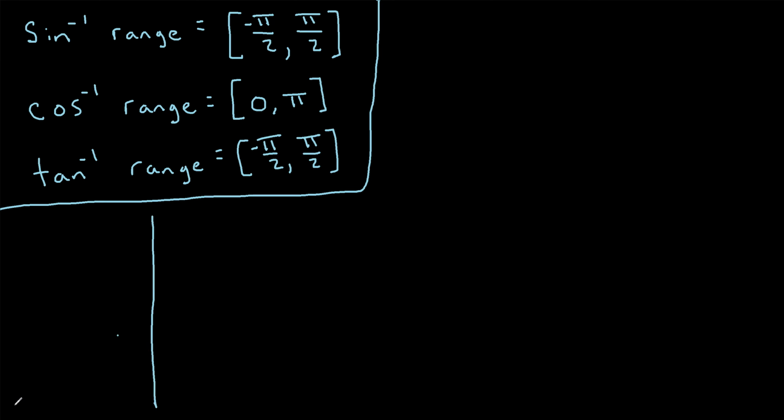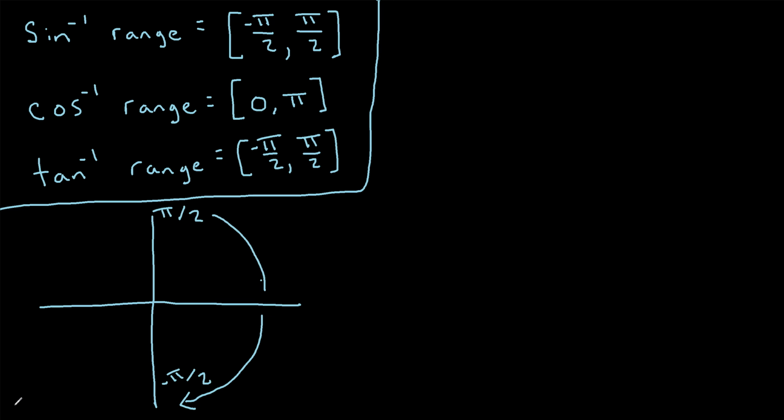So if we imagine our unit circle, when we say the inverse sine of a value, we're only letting ourselves look at the range from pi over 2 all the way down here to negative pi over 2. So this is the only range that we're looking at when we're talking about the inverse sine. Now, when we talk about inverse cosine or arc cosine, the range is from 0 to pi.